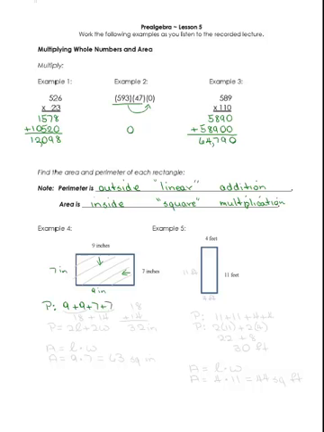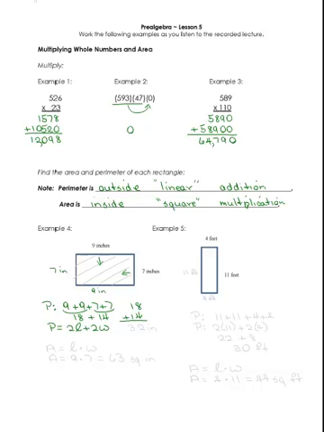One other formula for perimeter of a rectangle that you might be familiar with is perimeter is equal to 2 times the length plus 2 times the width. And that's exactly what we have here. 2 times the length of 9 would give us 18, plus 2 times the width of 7 would give us 14.